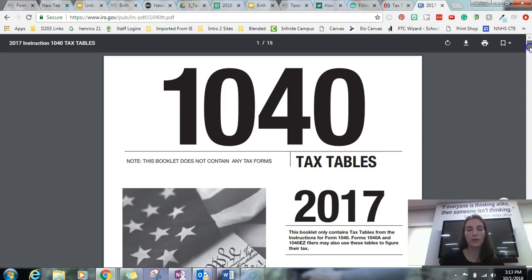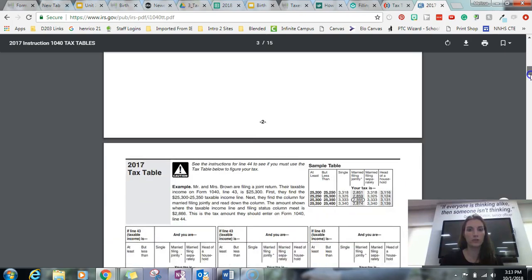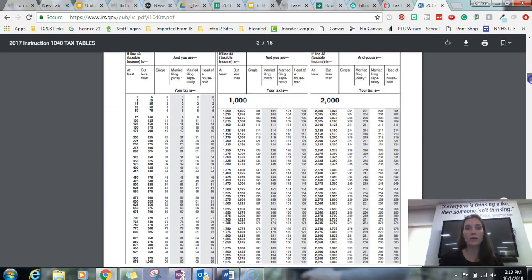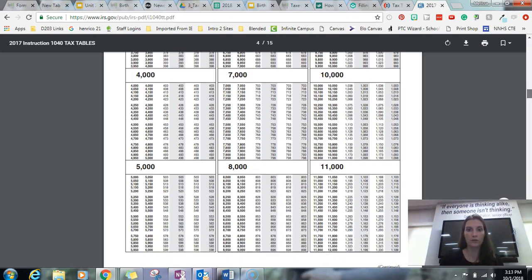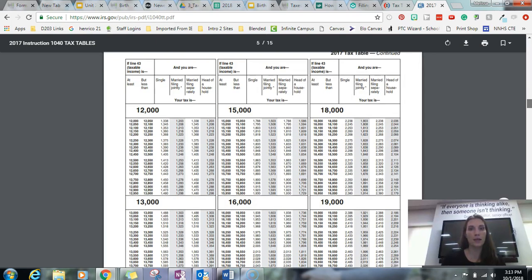So here is what a tax table looks like. You will see as I scroll down that the numbers are really small and it is broken up by 1,000. So you'll see 1,000, 2,000, and then 3, 4, 5, 6, and so on. The reason I'm pointing this out is because when you get a tax table, the first thing you're going to do to figure out how much you owe is to find your whole thousand number.